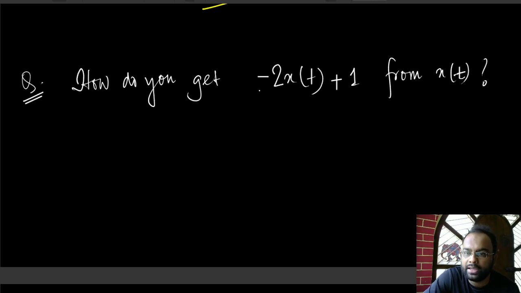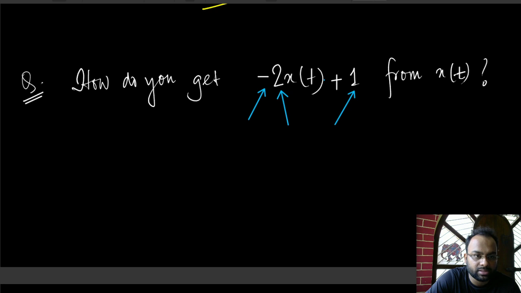How do I get minus 2x(t) plus 1 from this? How do I get that? So can anybody post the steps on the live chat? Right now here we have to first take care of the minus sign, then we have to take care of the 2, and then we have to take care of the plus 1, right?